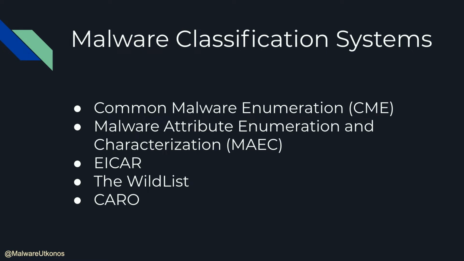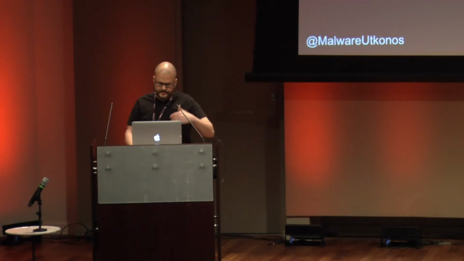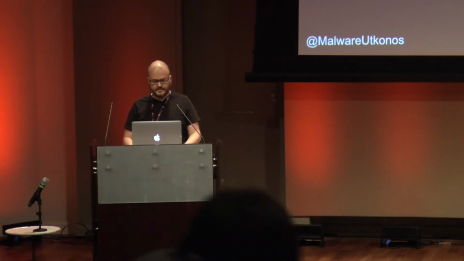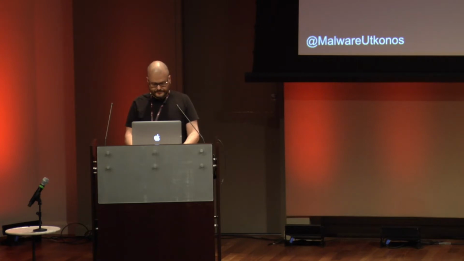MAEC, which is a subset of STIX. Both of these are fairly well maintained. ICAR has had, I'm not sure about the status of it, but ICAR had a nomenclature system. The WildList is probably one of the oldest nomenclature or identification classification systems, and CARO as well.